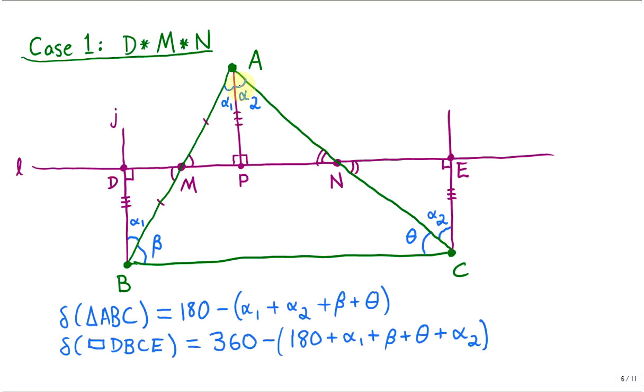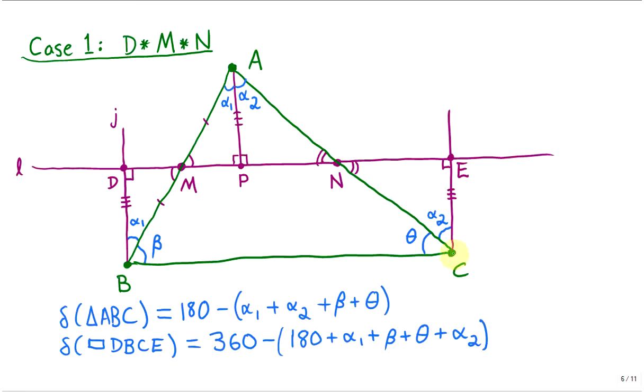So the angle marked here as alpha 2 is congruent to this angle down here, which we can mark as alpha 2, and the side AP is equal to the side EC. So the resulting diagram is a Saccheri quadrilateral because we have two right angles and we have two equal sides.